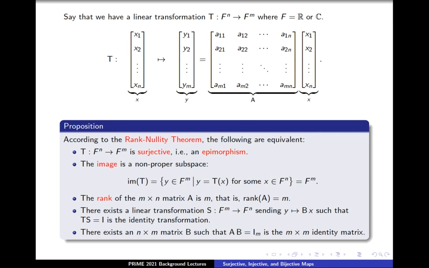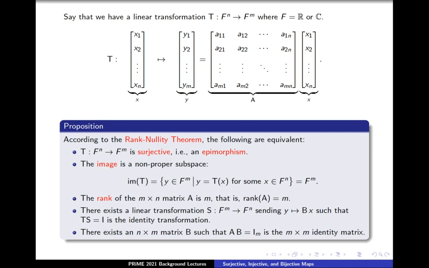So the image of the linear transformation T is defined to be the set of vectors y in F^m such that y is equal to T of x for some vector x in F^n. And we're saying that the image is non-proper, so it's all of F^m.